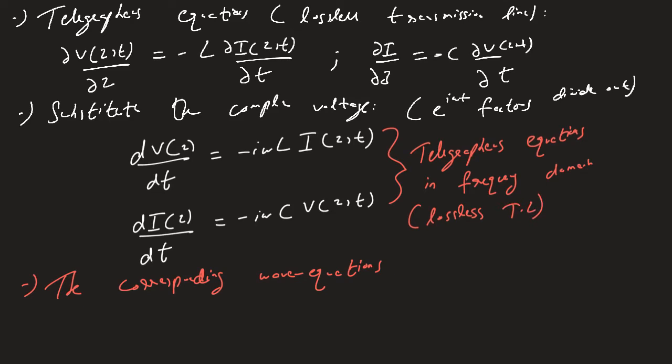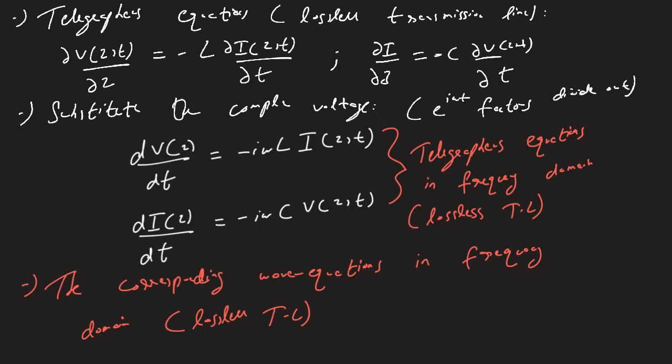We can decouple them by taking the second derivative and then substituting, and if you do that, you find the corresponding wave equations in the frequency domain, once again for lossless transmission lines, TL just means transmission lines.